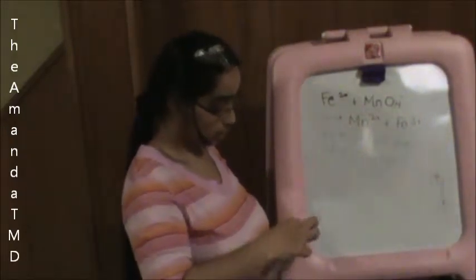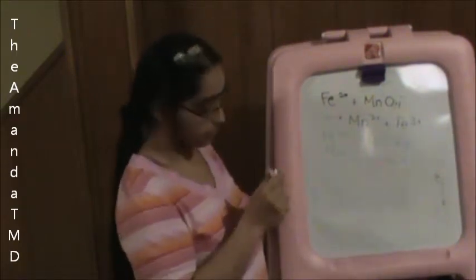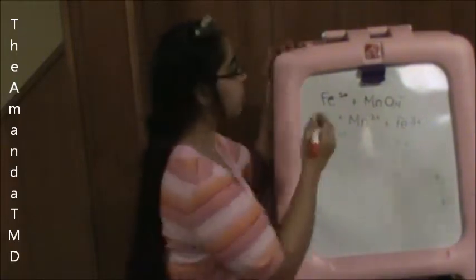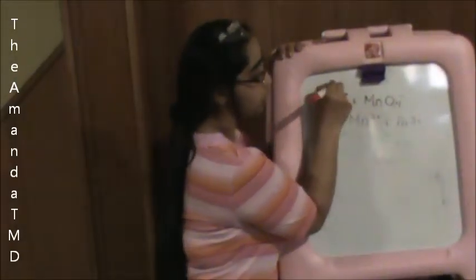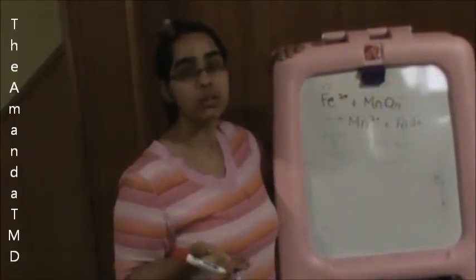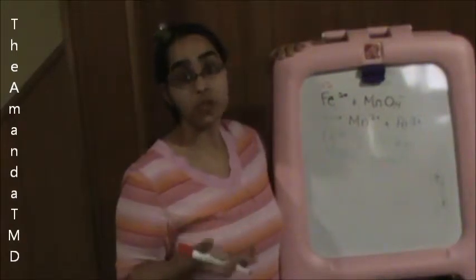So I'm going to do this in a different color. Let's choose red. Since my first iron already has a 2+ charge, my oxidation number will be +2. Manganese is kind of hard. Manganese has more than one oxidation number, so I'm going to look at the oxygen first.